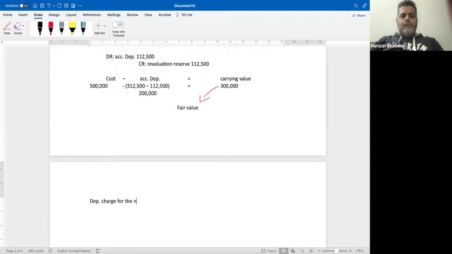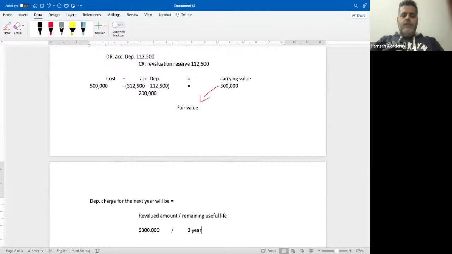Now, depreciation charge for the next year will be the revalued amount divided by remaining useful life. Revalued amount 300,000, remaining useful life, total 8 years, 5 years ago, so 3 years are left now.